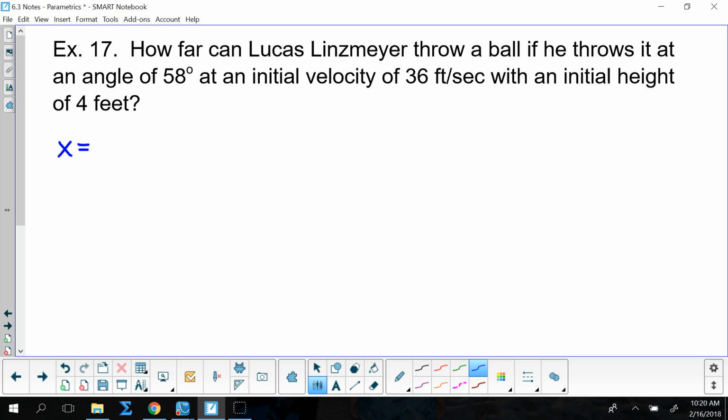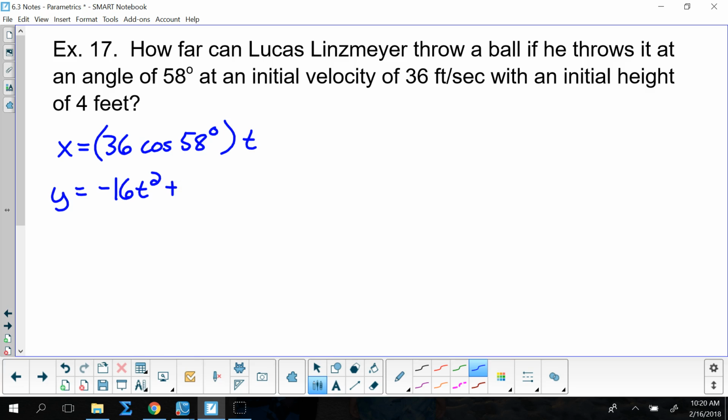The x equation for this scenario. Go ahead, Matt. 36 cosine of 58. Okay, and y? Negative 16t squared, right?